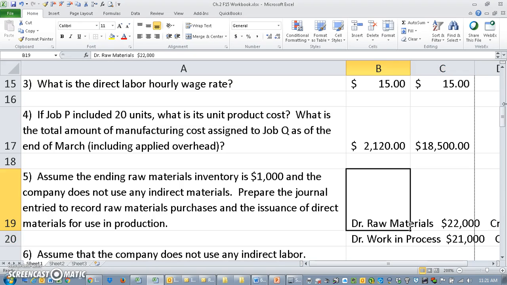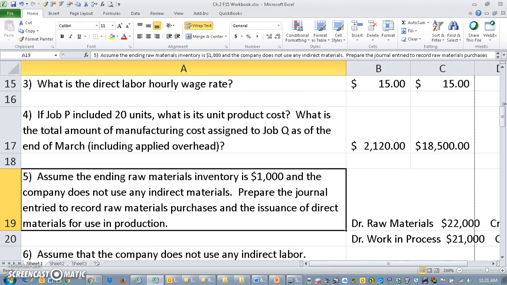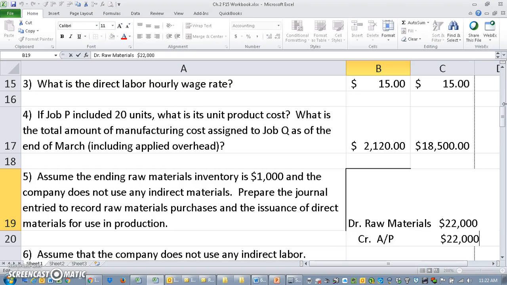So this is the first journal entry, and basically we're assuming the company bought raw materials on credit. They didn't pay cash, so they bought $22,000 worth of raw materials, and they debited raw materials for $22,000, and then credited AP, or accounts payable, for $22,000.